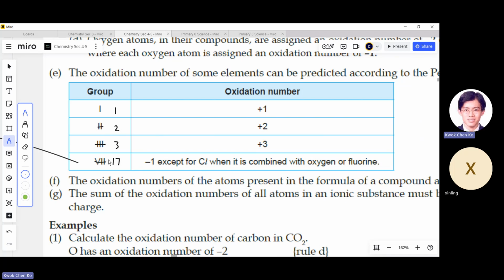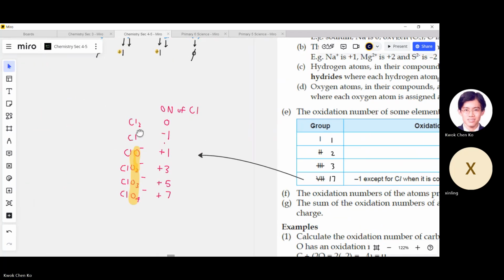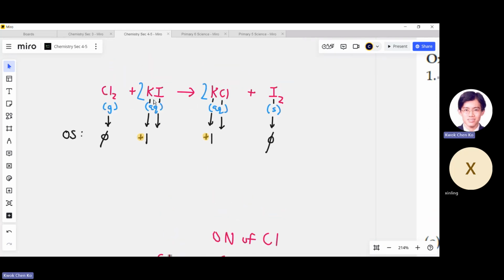Singing? Yes. Okay, but we are concerned about group 17 elements in the compound form. So iodide is group 17, chloride is group 17. They are in compound form. These two are elemental form, Cl2 and I2.